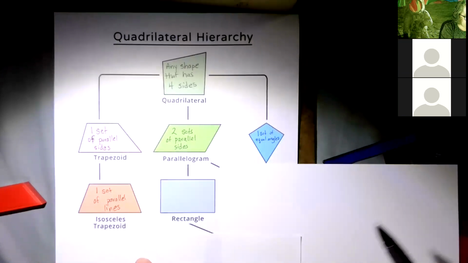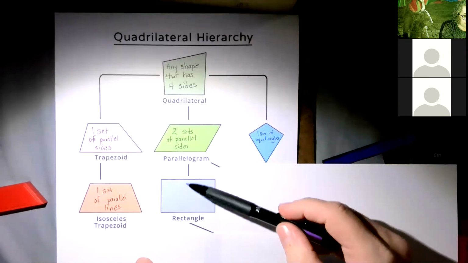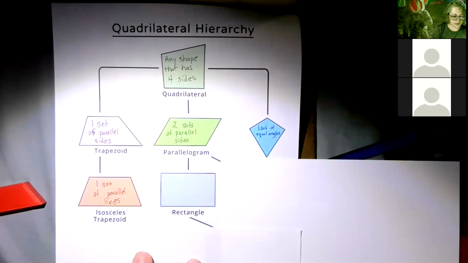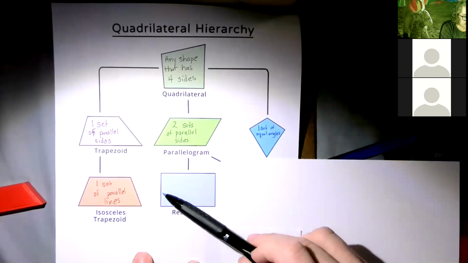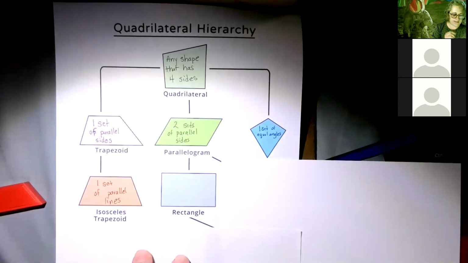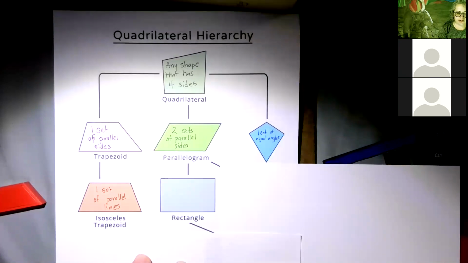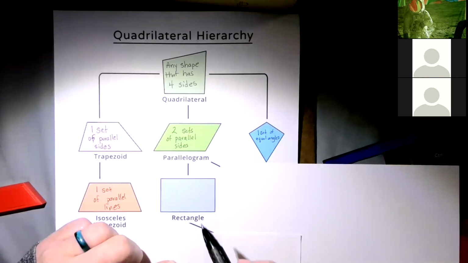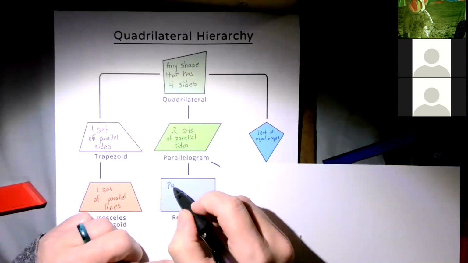And we have a parallelogram, but it's a special kind of parallelogram because this one still has two sets of parallel lines, but it's a rectangle. What else can we add about this that makes it different from a parallelogram? That makes it a special parallelogram. It's still a parallelogram.